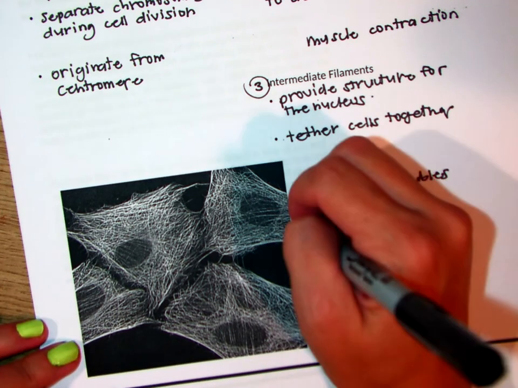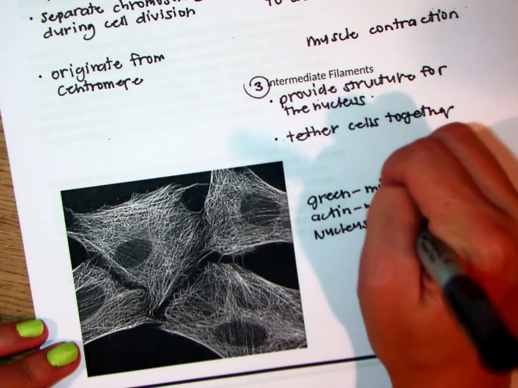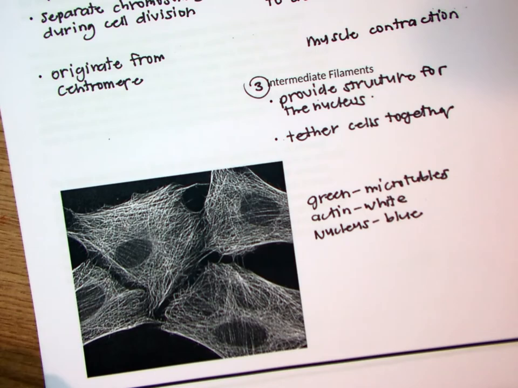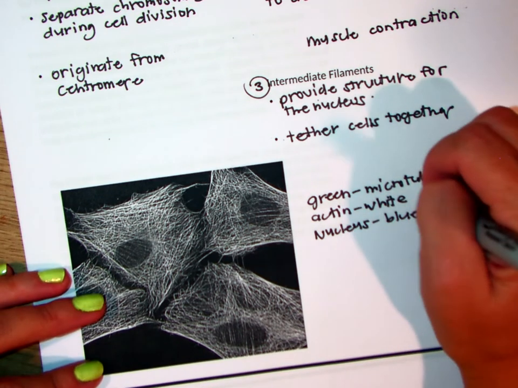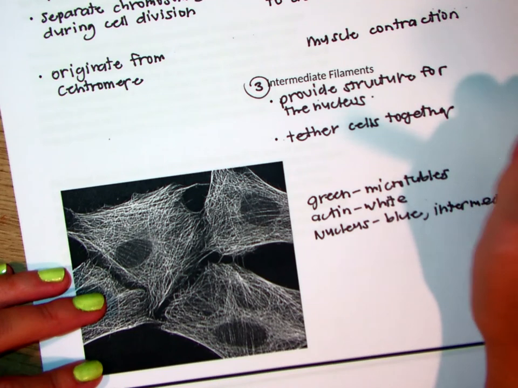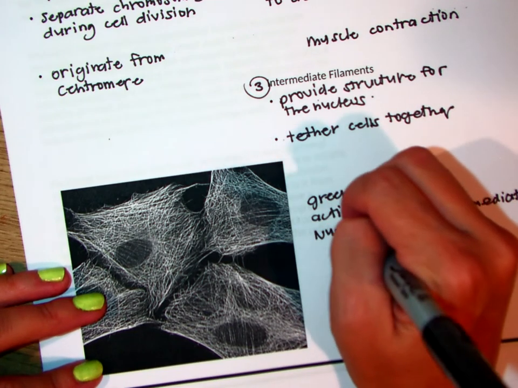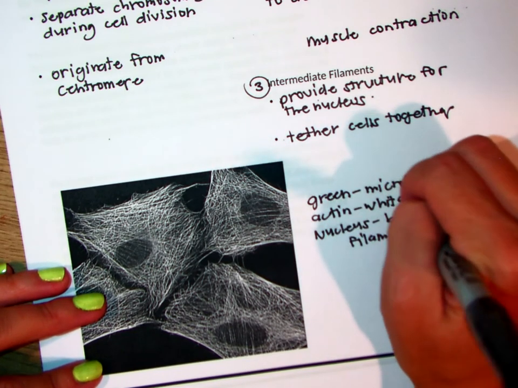And then the nucleus is the blue portion, which is where you'll see a lot of the intermediate filaments, because they are providing structure for that nucleus.